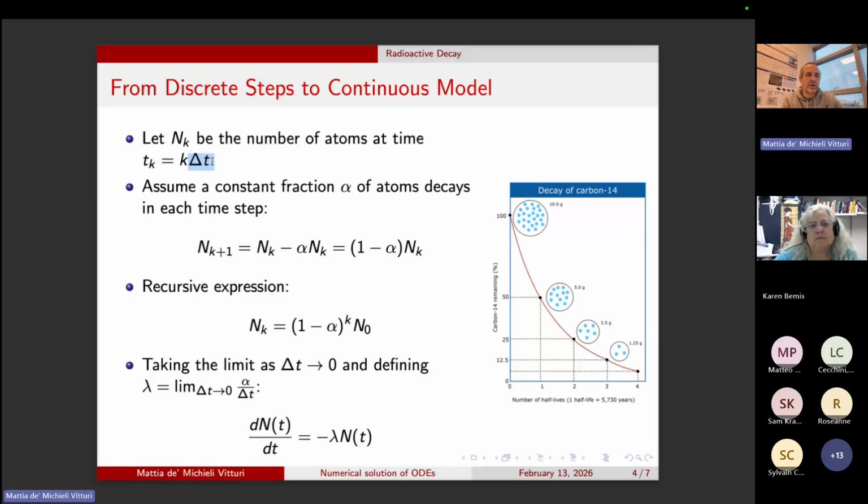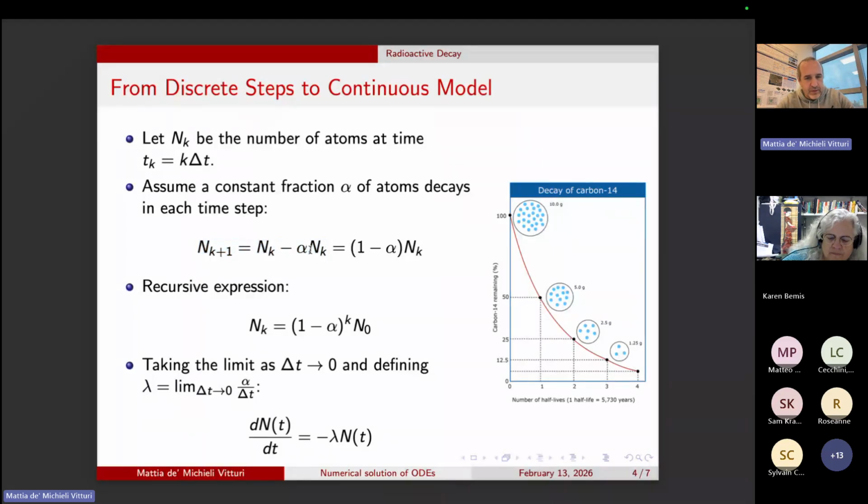Now we want to see what happens from one step to the other. At the new time step, the new number of atoms will be the old one minus the fraction of the old ones that decayed. So what we see is exactly the law that tells us how to update in time the number of atoms that we have.